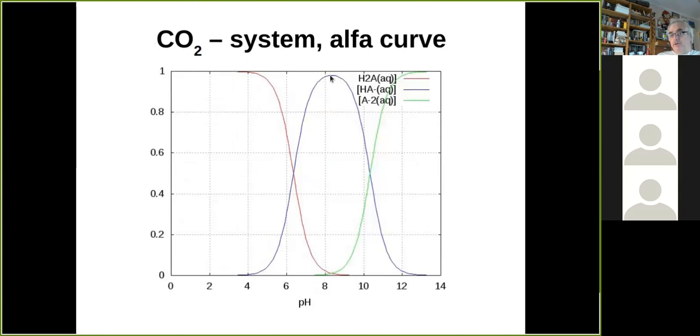This hydrogen carbonate acts as an acid producing carbonate ions, but it also simultaneously acts as a base producing carbonic acid. And both of these aspects of the hydrogen carbonate need to be taken care of at the same time. Then you can actually calculate this pH value.